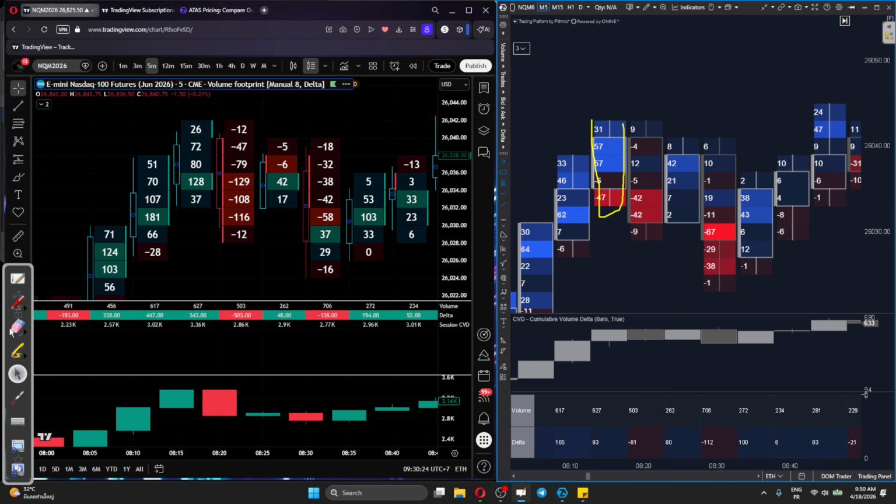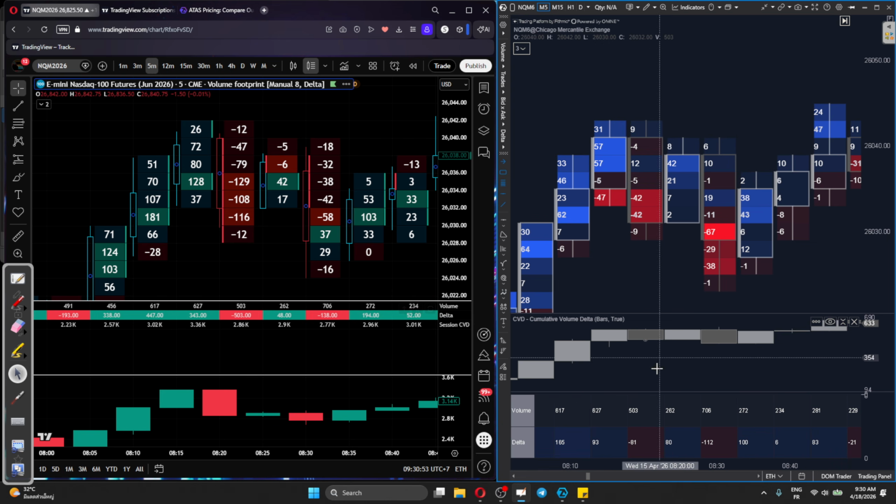Now, where it gets more interesting and we start to see some big discrepancies is when you look at the delta on that candle. The true data tells us that we have 167 positive delta, and here they're telling us there's 447.